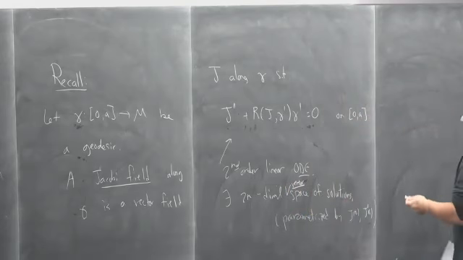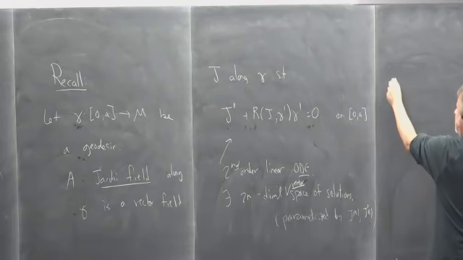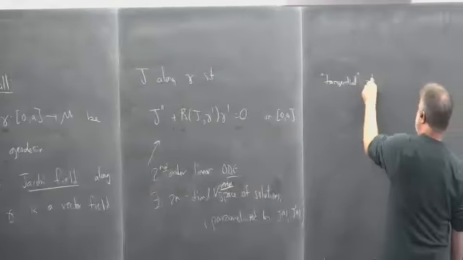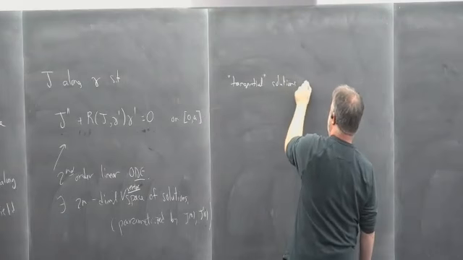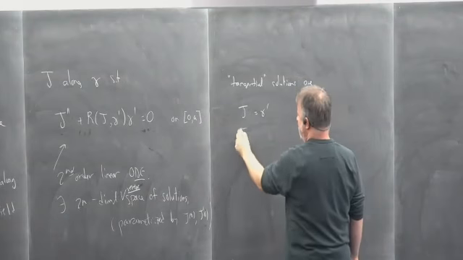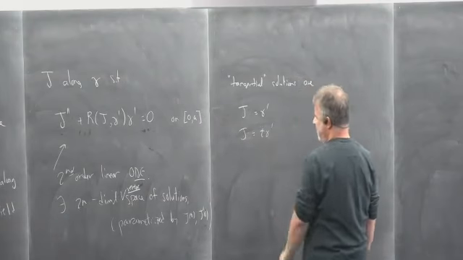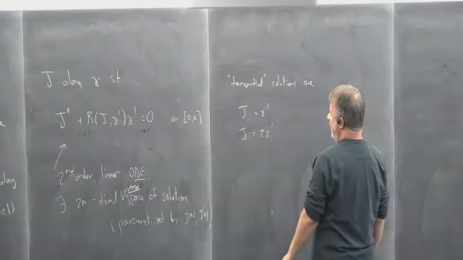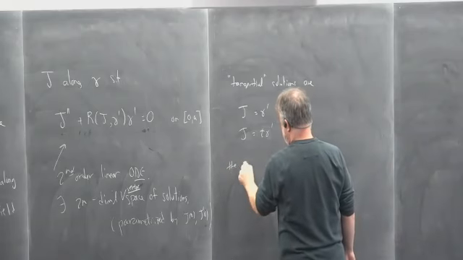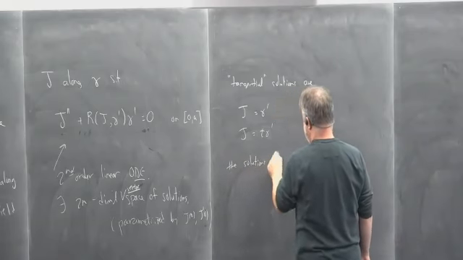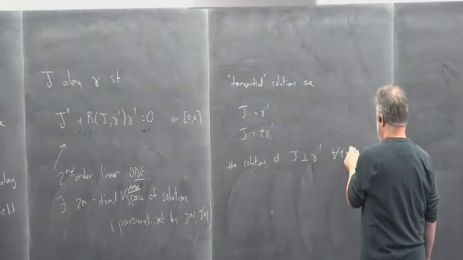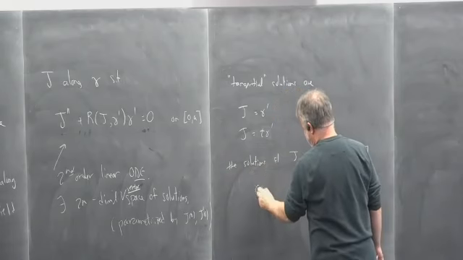And we saw that there exist two simple ones. The tangential solutions are J equals gamma prime. This is always a Jacobi field. And J equals t gamma prime. This is also a Jacobi field. These are somehow less interesting. The solutions such that J is orthogonal to gamma prime for all t are called normal Jacobi fields.